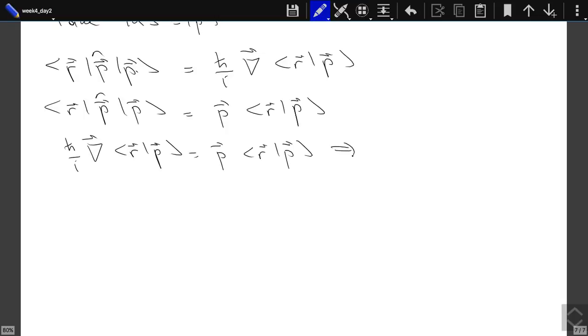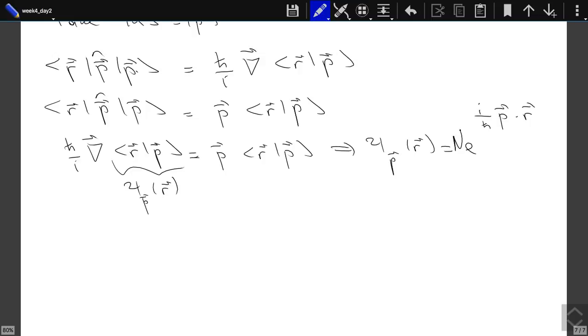Well, this is just a differential equation. If you call this one psi p of r, for each component, it's a partial differential equation. You can just solve it, and psi p of r is equal to e to the power i over h bar p multiplying r.